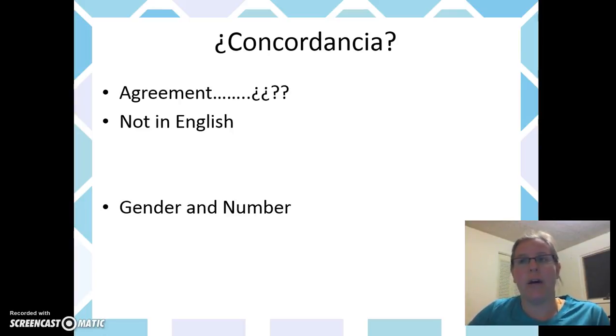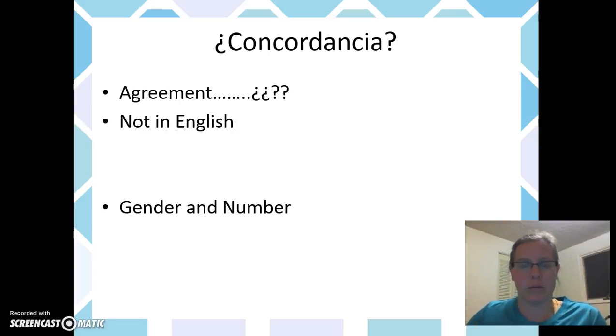All right. Now in English, we do have different numbers. We have singular and plural. For example, if I'm talking about the house, that's one. Or I could talk about all the houses on the street. That's 2 or 10 or a million, right? So we do have this number concept. But something we don't have in English is gender.